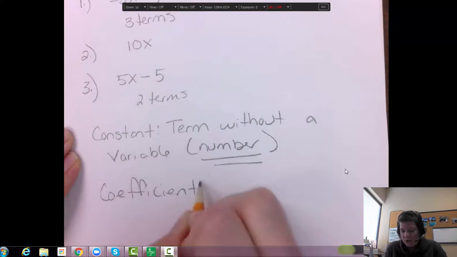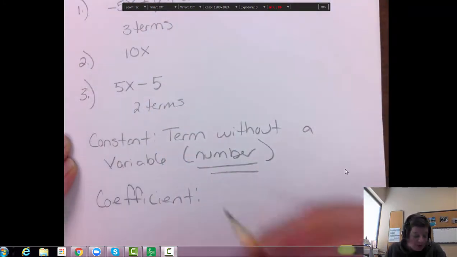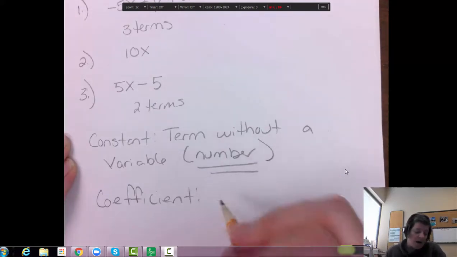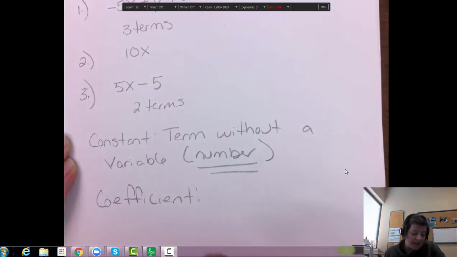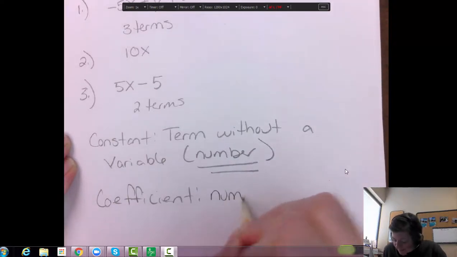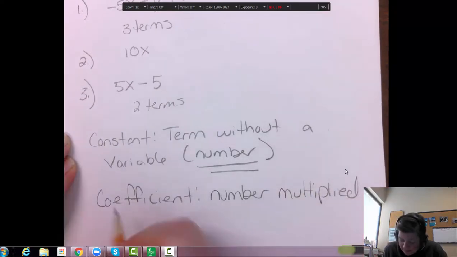So we heard the word term, and term I can't really define, just show you examples. But a coefficient is the number in front of the letter, or multiplied is a better word, by the variable.